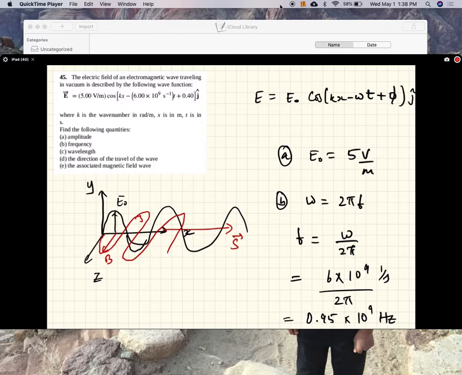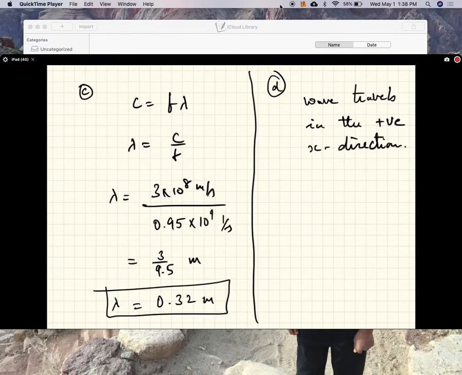Now the associated magnetic field wave. The magnitude of the magnetic field is given by E naught divided by c. The strength of the magnetic field in an electromagnetic wave is related to the electric field like so.